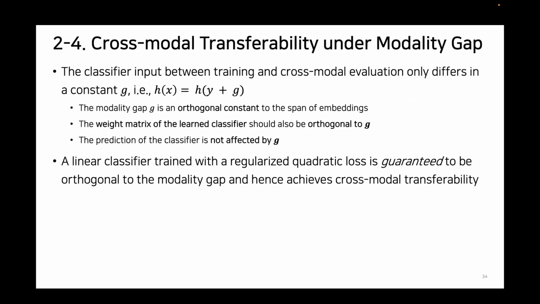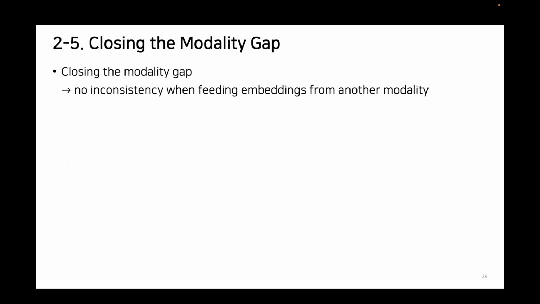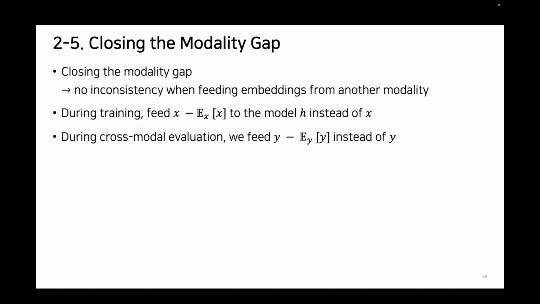Actually, we check the cross-modal transferability, but we know that there is still some constant gap. So to further close this modality gap, they propose to feed some variants of input during training and evaluation.